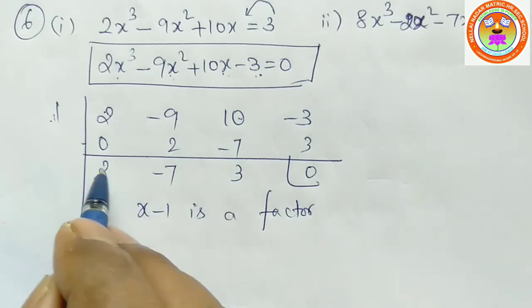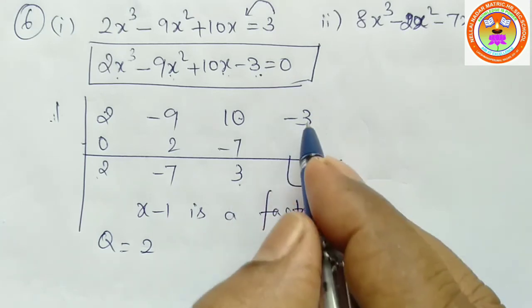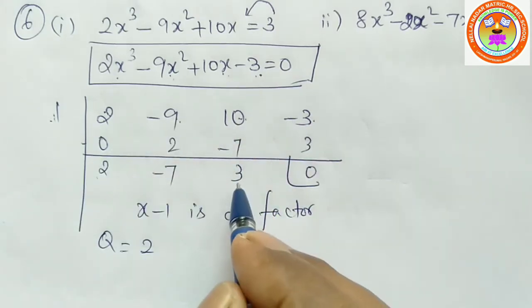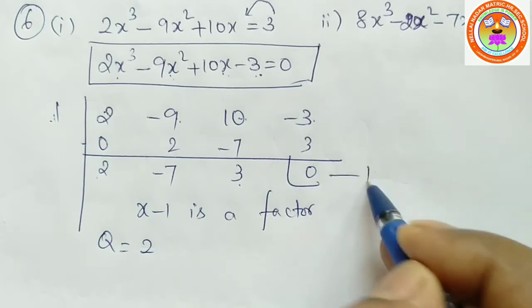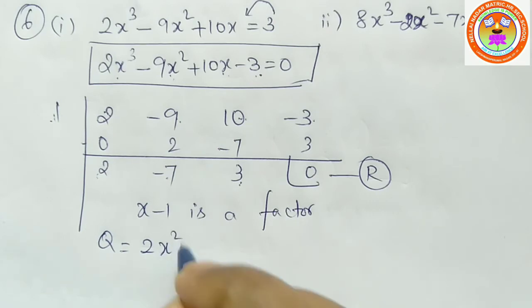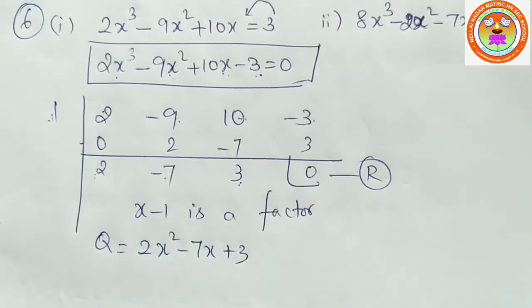Now this is the quotient. So the quotient is: constant, x square, x cube. This is the remainder, leave it. So the quotient is 2x square minus 7x plus 3. Now we got one quadratic polynomial.